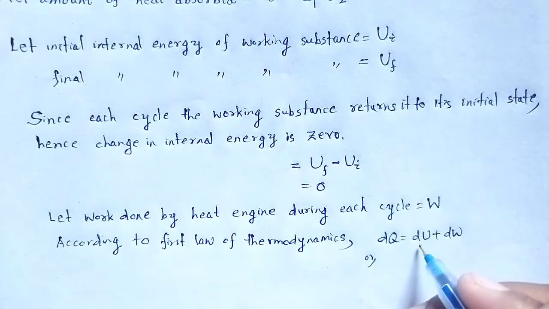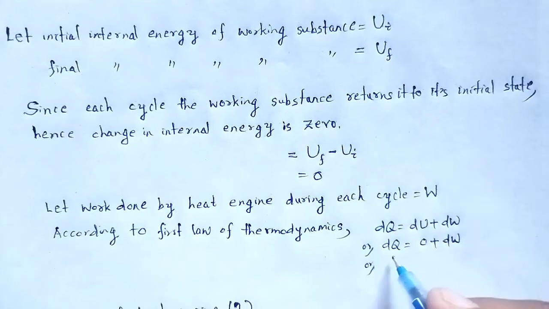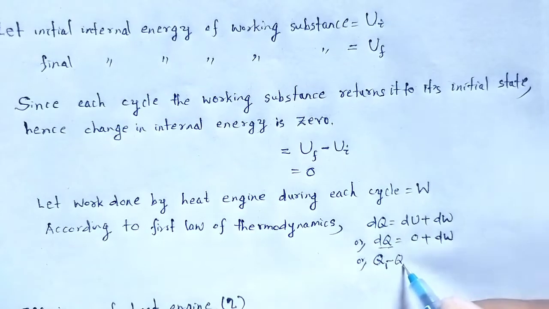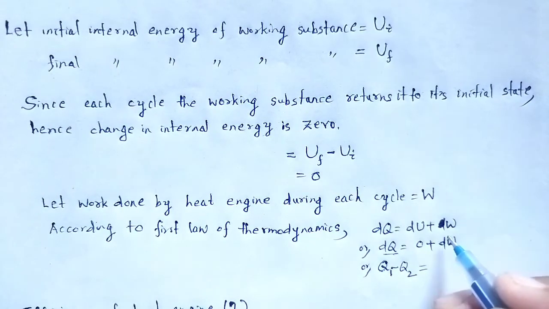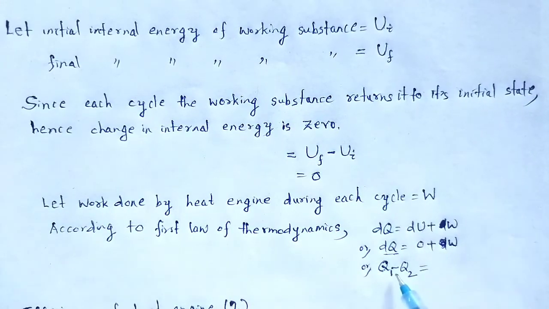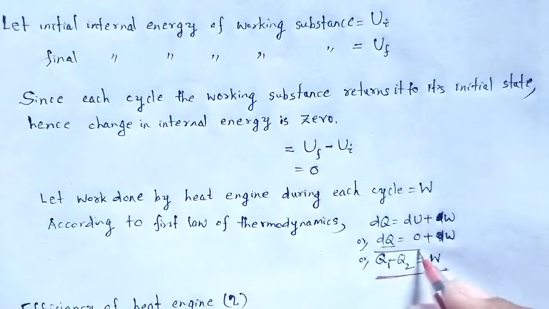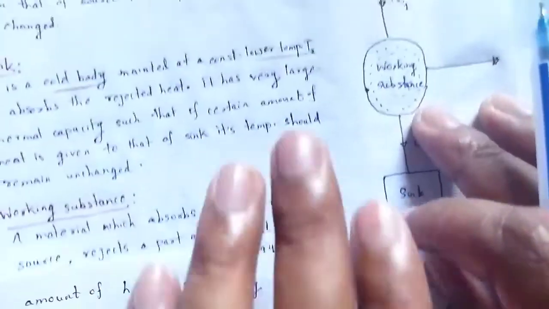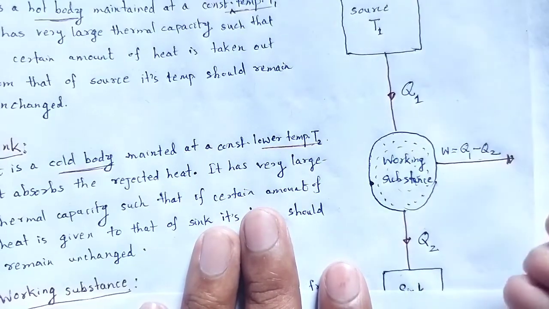Here the change in internal energy is 0, so dQ is equal to W. Since dQ is Q1 minus Q2, Q1 minus Q2 is equal to W. So the work done is W equals Q1 minus Q2.